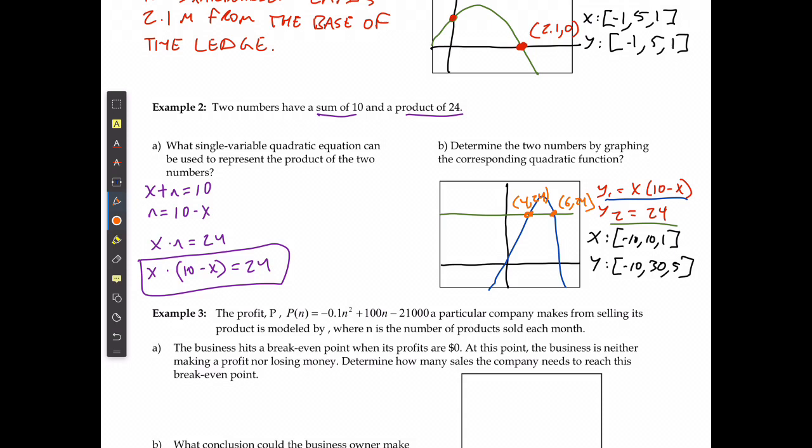Well, if x was 4 and n was 10 minus x, then n would be 6. If x was 6, then n would be 10 minus 6, which would be 4. So no matter which way you look at it, the two numbers are 4 and 6.